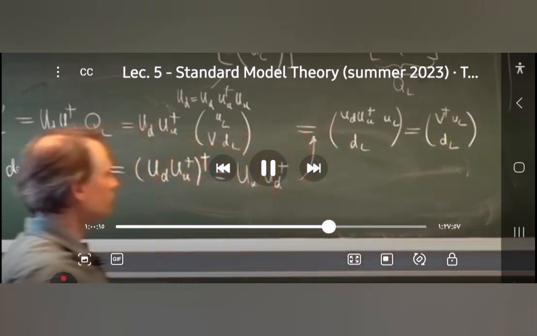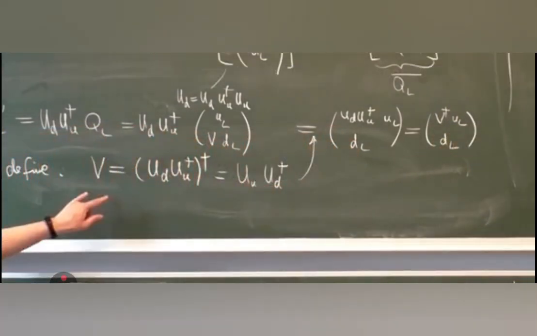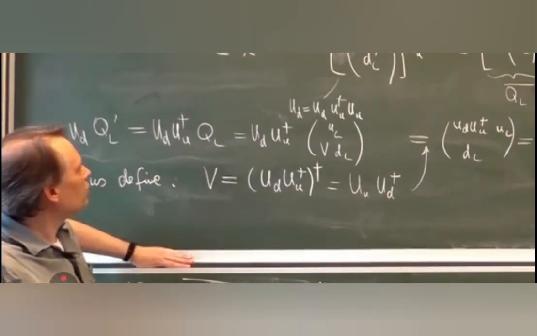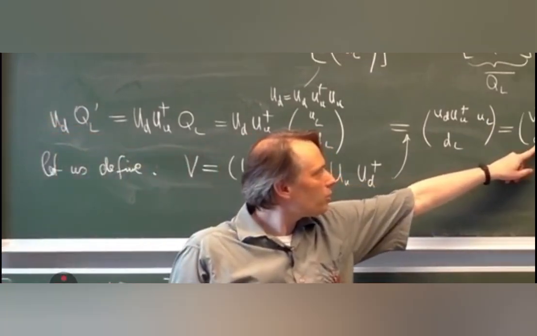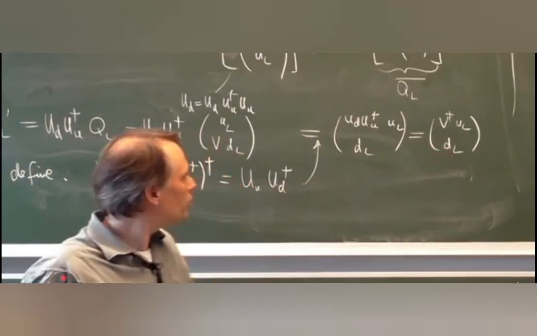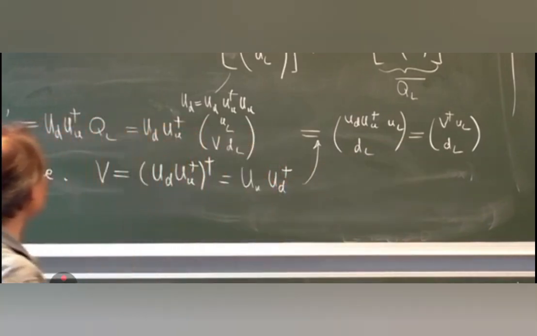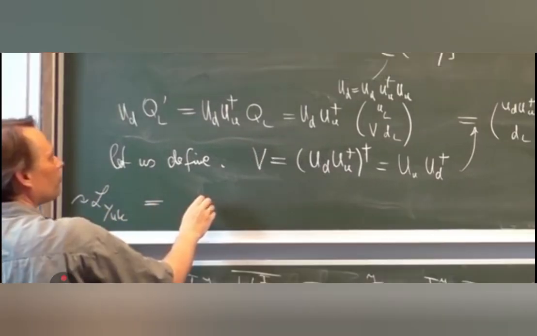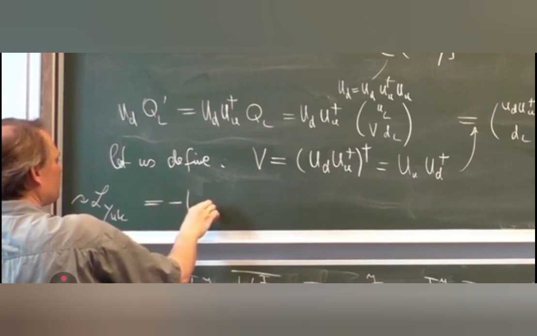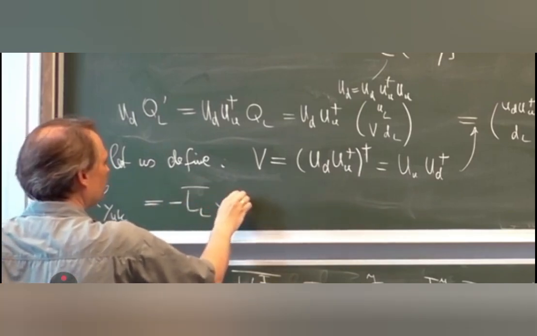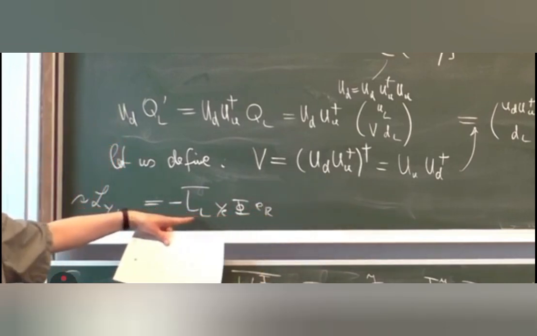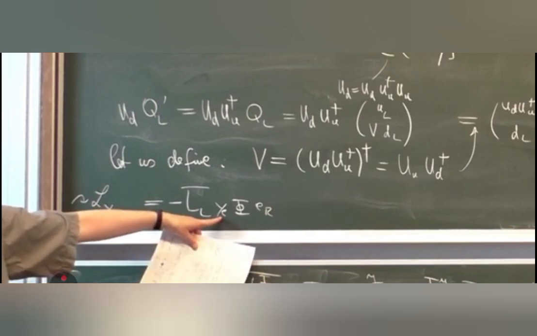So then we have used our freedom to redefine our quark fields in such a way that we get just a down quark component without any additional matrix multiplication, but in the up quark sector we get something more complicated. Then in this way our Yukawa Lagrangian looks like the following. We get l_L bar Y_E phi e_R, matrix notation for the three component fields in generation space and the diagonal Yukawa matrix.